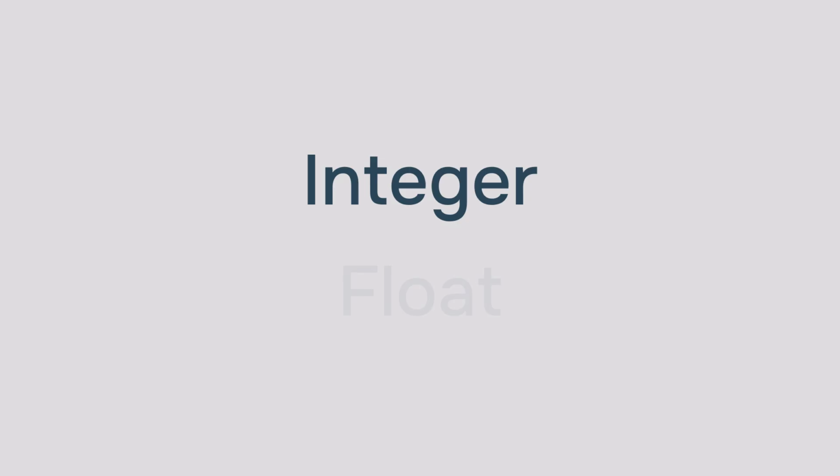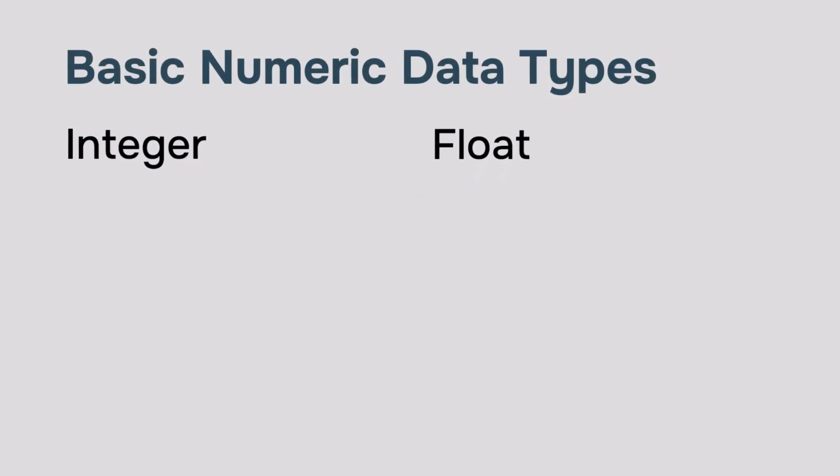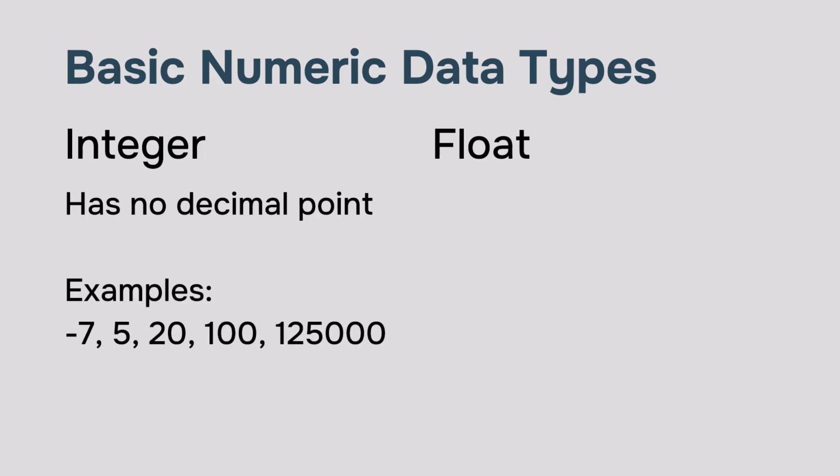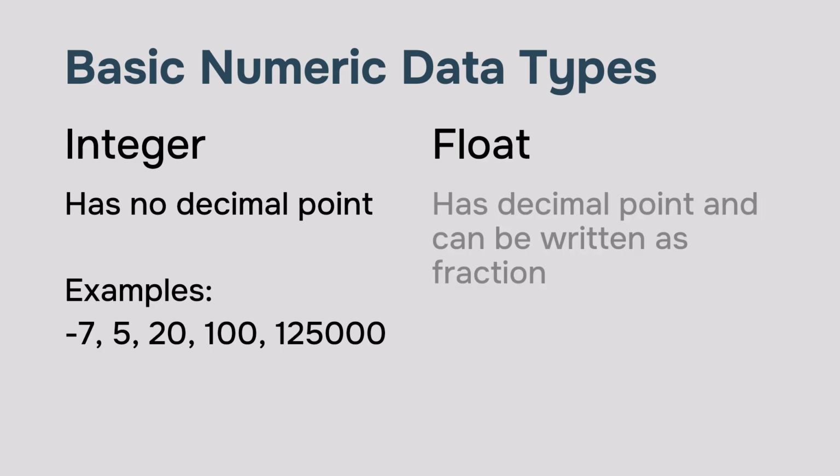In Python, there are two basic numeric data types, integers and floats. Let's do a basic comparison of these data types. Integers have no decimal point. You can see some examples here: -7, 5, 20.